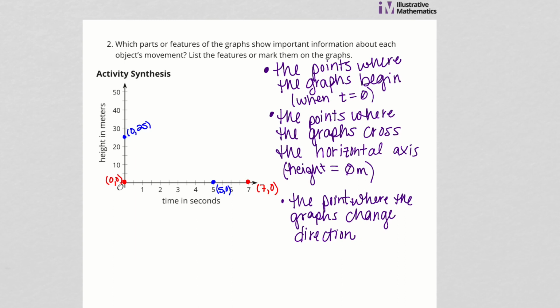We got up to about 45 feet, I believe is what we said. So somewhere in here, that is going to be 2:45. So for our rocket, that is going to be our maximum at 2:45.